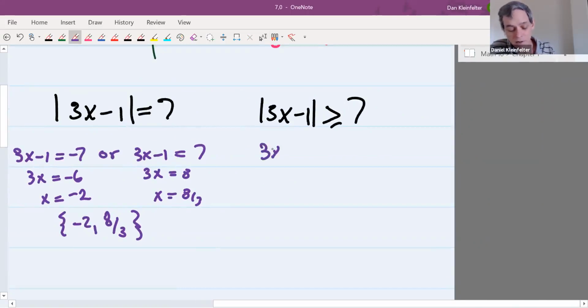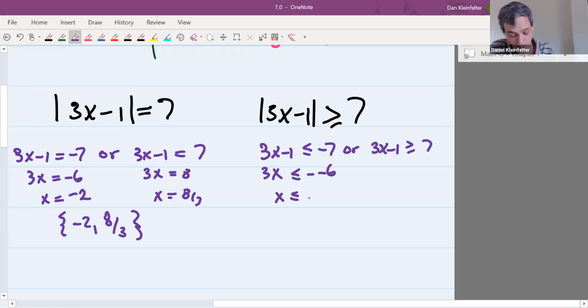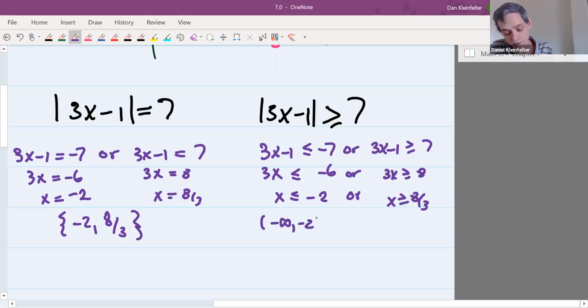So that says that 3x minus 1 is less than or equal to -7, or 3x minus 1 is greater than or equal to +7. So this should feel really familiar by now. And then finally, we'll have -infinity to -2 union 8/3 to infinity.